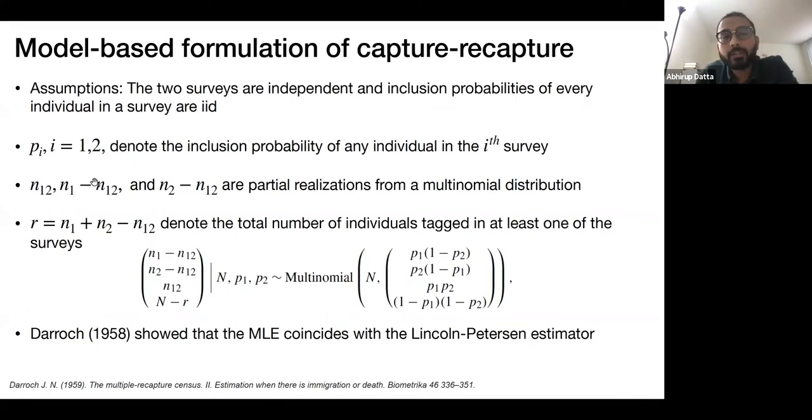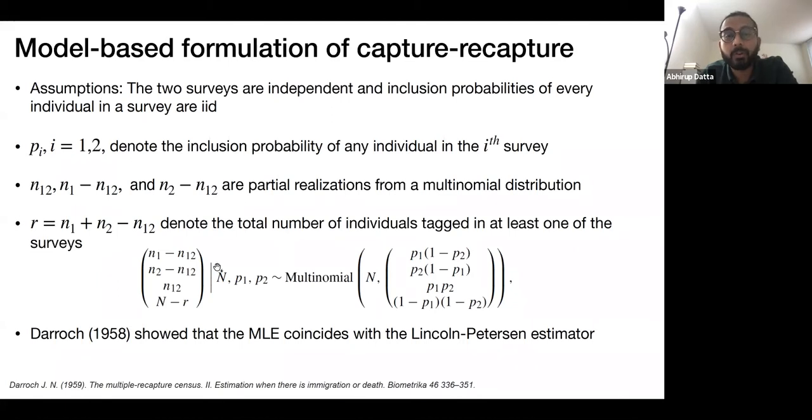Similarly, N1 minus N12 is the count of individuals who are included in the first survey, but not included in the second survey. And the inclusion probability for those individuals are going to be P1 times 1 minus P2. And you do the same thing for N2 minus N12. And the last part is the ones that are included in neither survey.